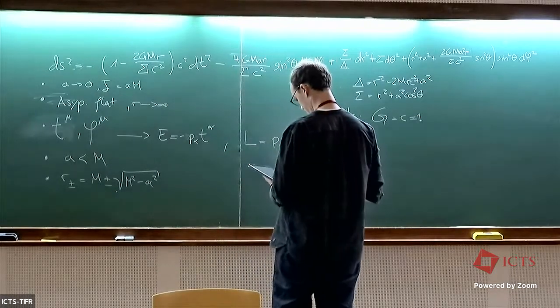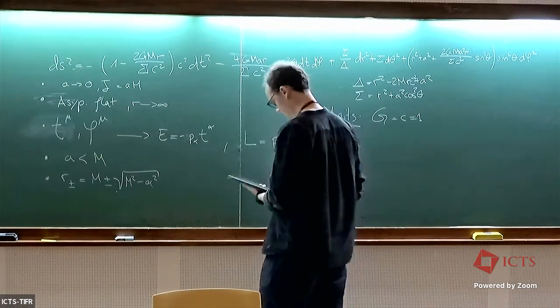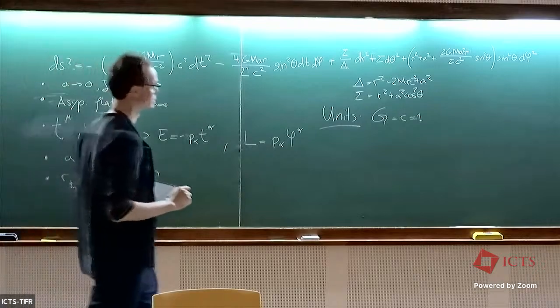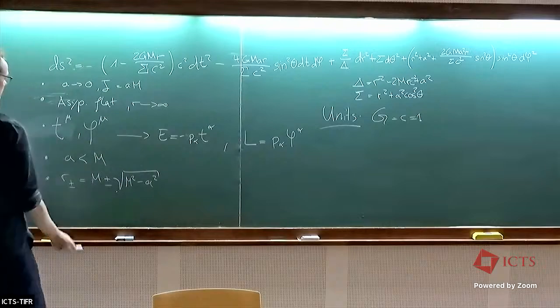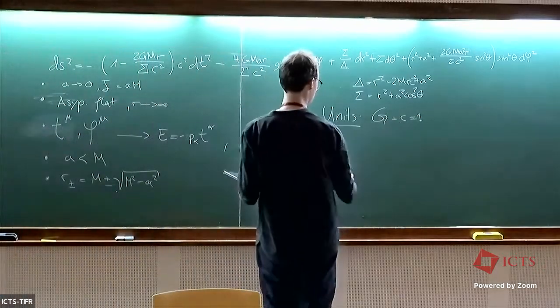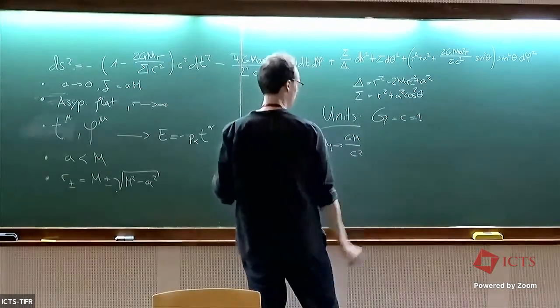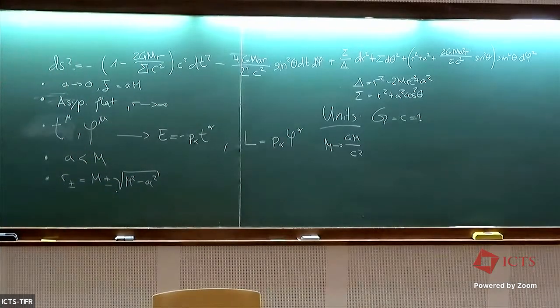Reintroducing the Gs and cs is usually straightforward. For instance, for a mass, the mass goes to GM over c squared. But basically you can work out the units for anything you're looking at and then reintroduce the Gs and cs the way you need.